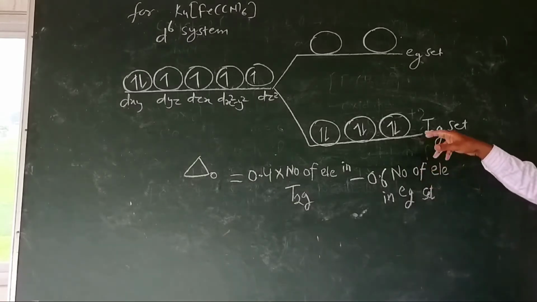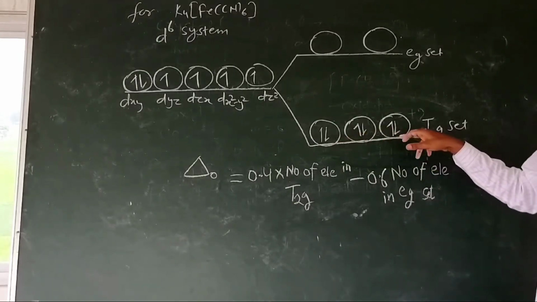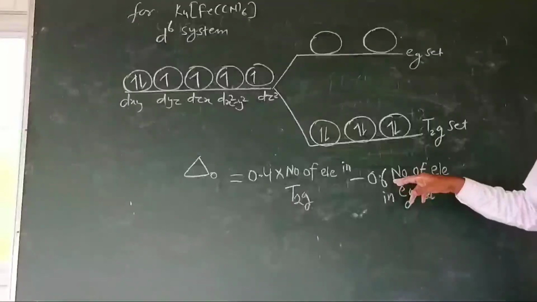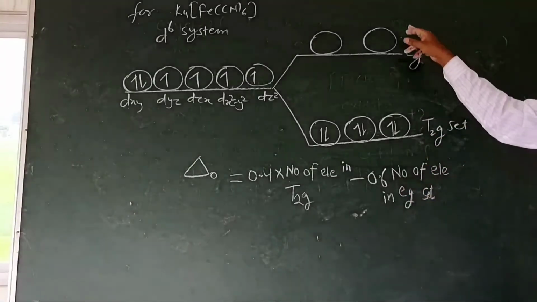The number of electrons in the T2G set is 6, so 0.4 times 6 minus 0.6 times 0, the number of electrons in EG.